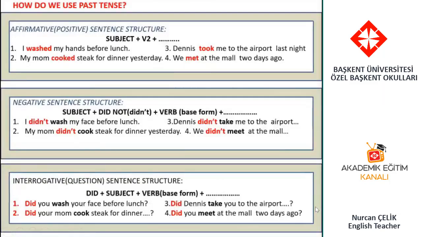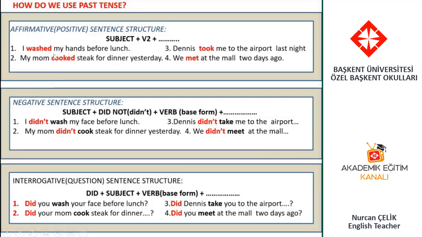In these sentences, we also used past tense, but here we are talking about verbs, actions, activities. And when we talk about activities, we must use some words of the activity.